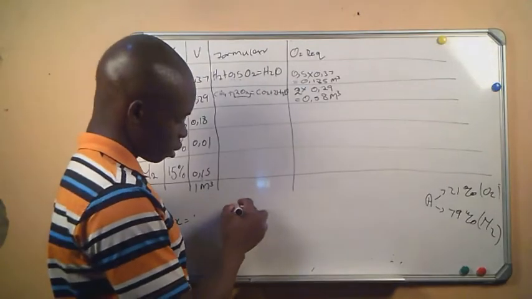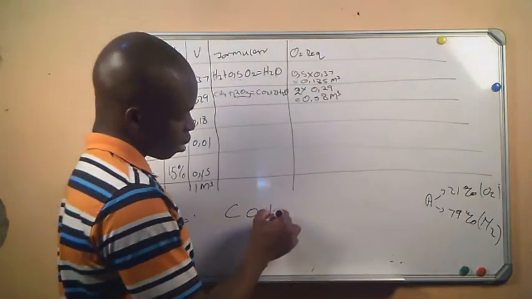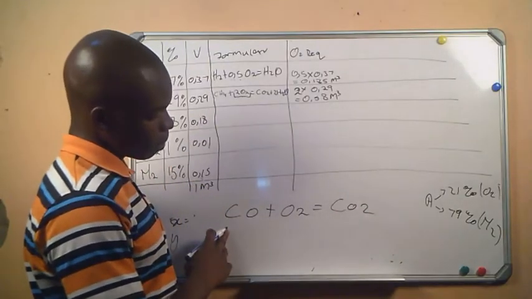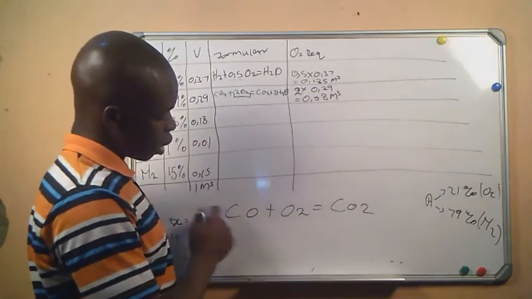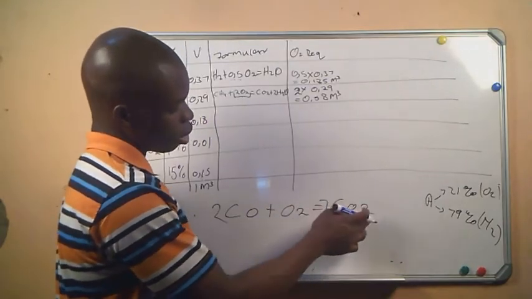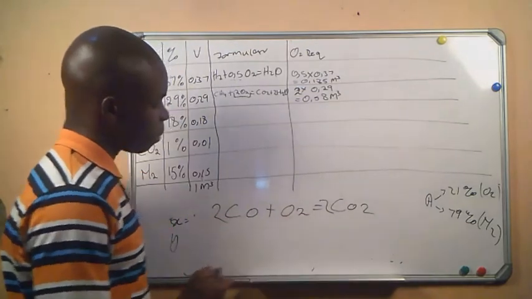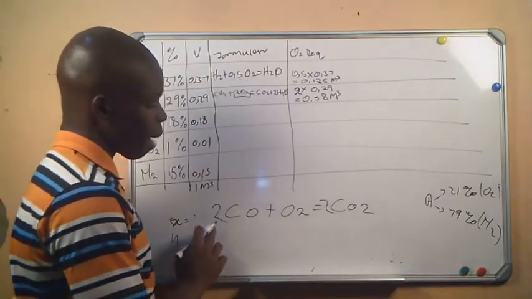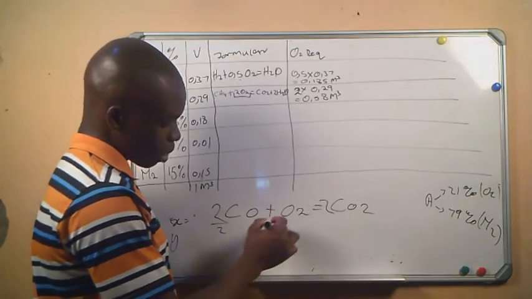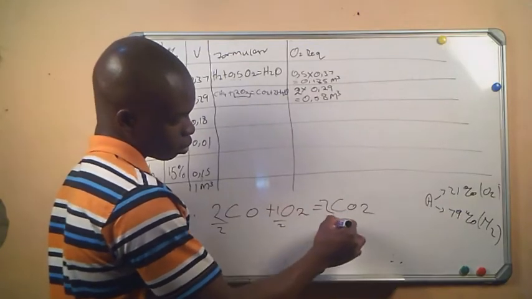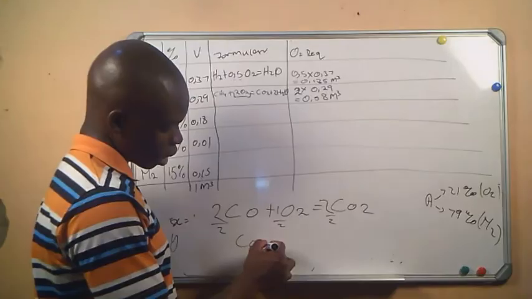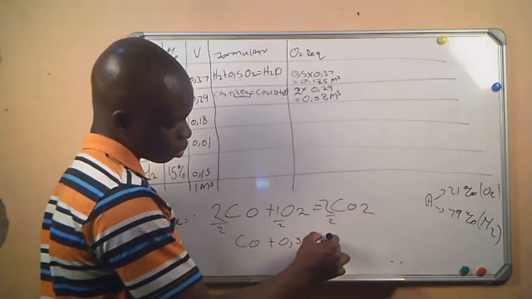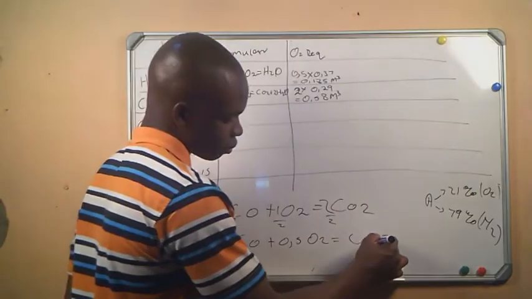For carbon monoxide, we do the same thing: carbon monoxide plus oxygen will give us carbon dioxide. This equation is not balanced, so we say 2, 2, and now it is balanced. We are dealing with the number of molecules, so we divide through by 2. So we have carbon monoxide plus half oxygen equals carbon dioxide.